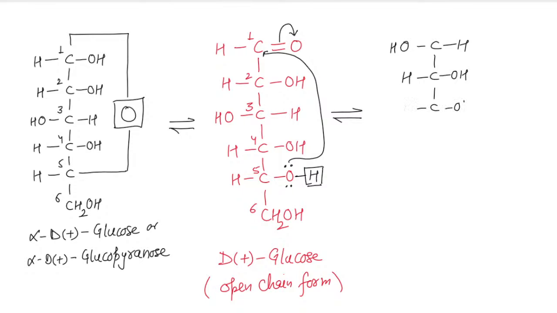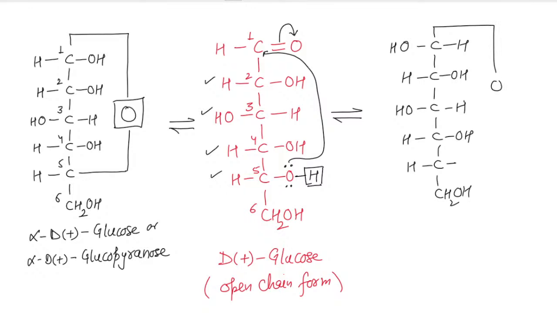Sorry, on the third carbon there is OH, H. Just look at this configuration. Rest configuration remains as such. Only at the first carbon it happens. Okay. H, OH, H and OH. Right?